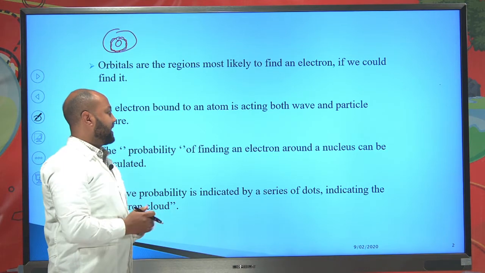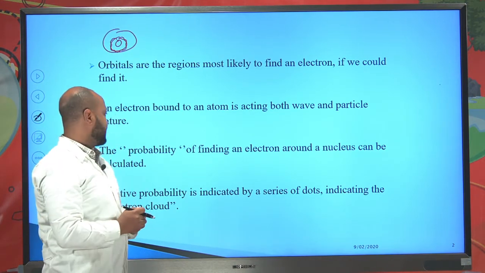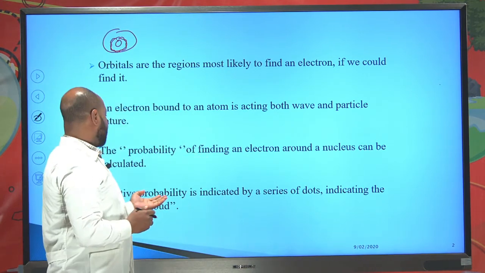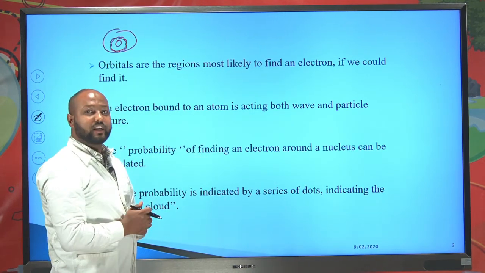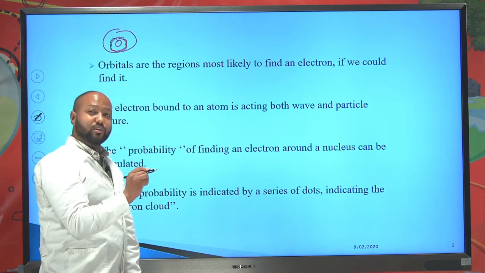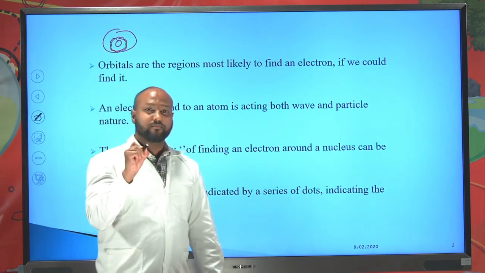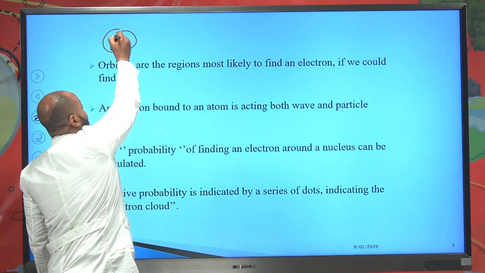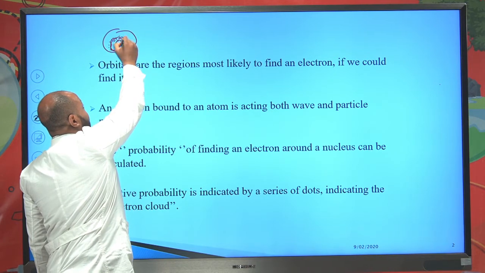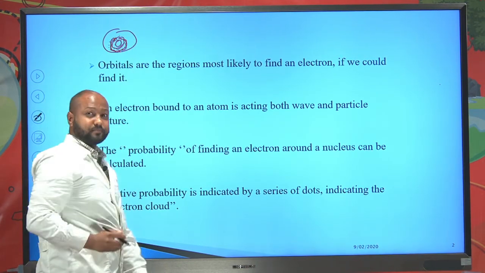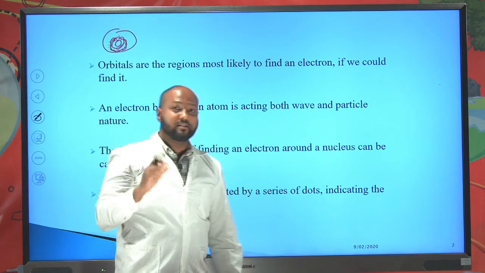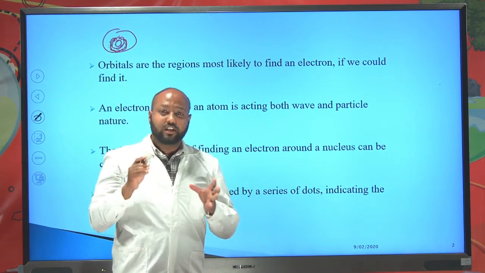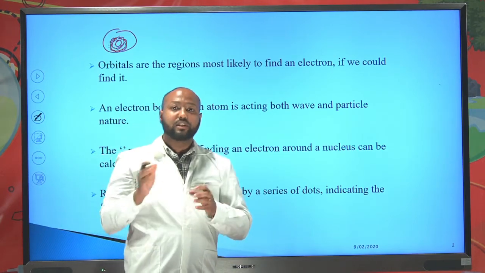The probability of finding an electron around a nucleus can be calculated, which means the relative probability is indicated by a series of dots. The probability of finding an electron within its orbital is like a dot, so it makes a cloud of electron. The electron cloud is the probability of finding an electron which revolves around the nucleus within its orbitals.